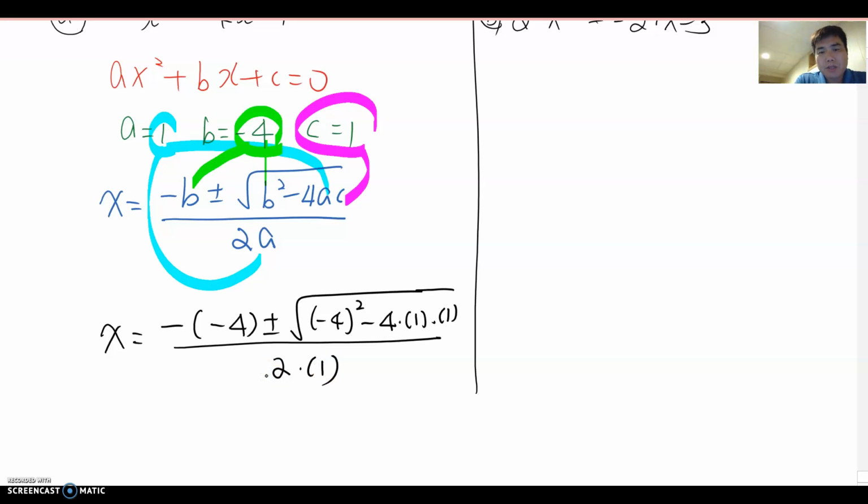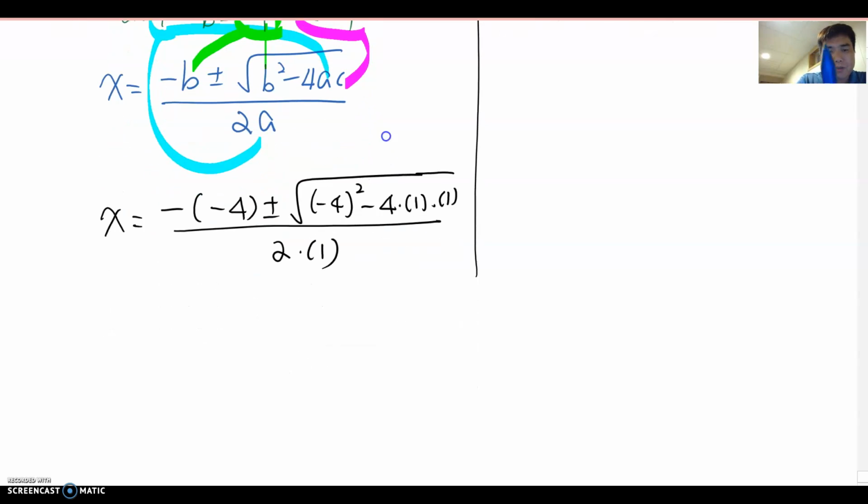As you see, I'm using parentheses to input the values a, b, and c. That will be safer. This time a and c are positive values, so even though you don't use parentheses, you will have the right result. But what about this negative value? Then you'd better use parentheses, so you can prevent any careless mistake, especially sign mistakes.